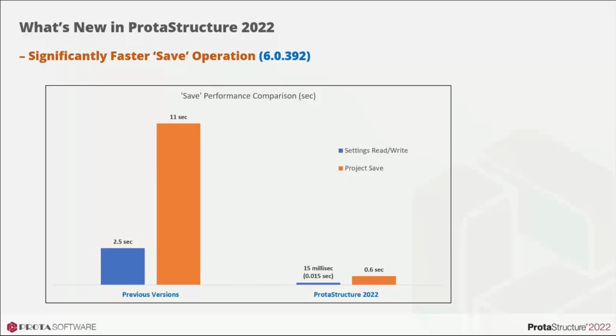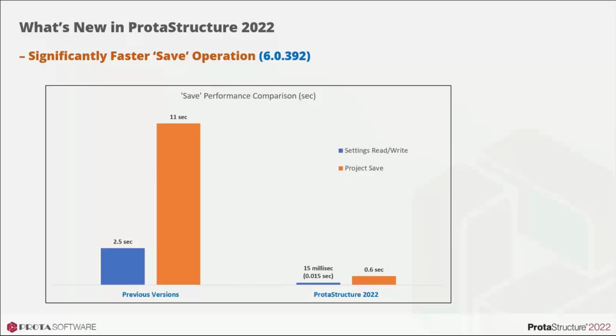So first of all, a significant performance improvement was made in the save operation in ProtaStructure. It's now maybe 30 times faster to save a project, depending on the project size and the computer's hard disk model. Of course, we always say that we recommend you to use an SSD hard disk, but the main improvement was in the settings.